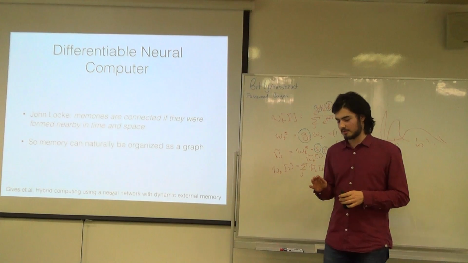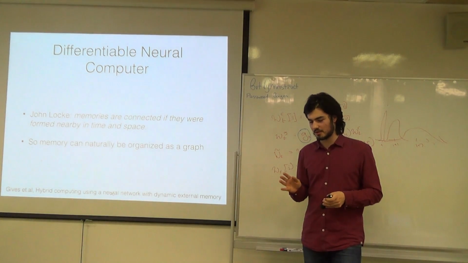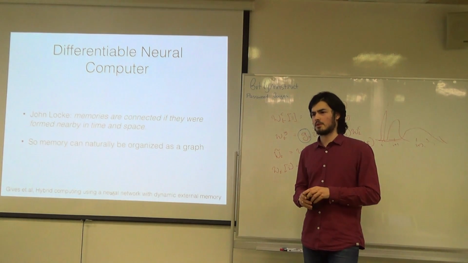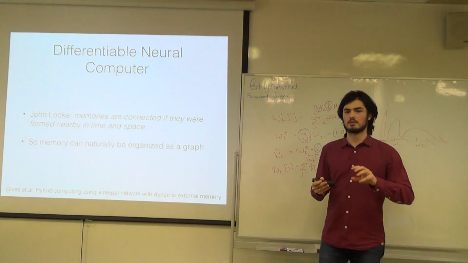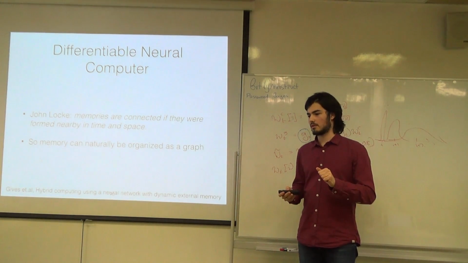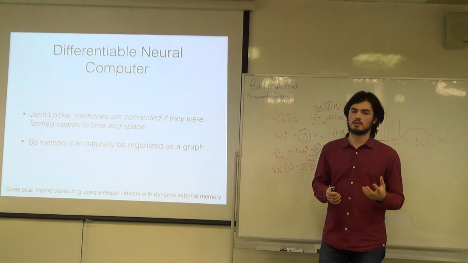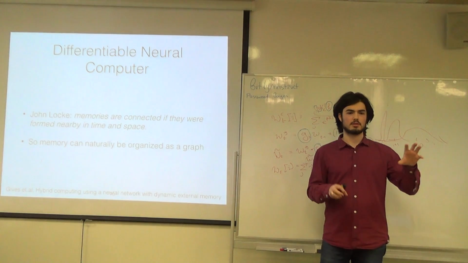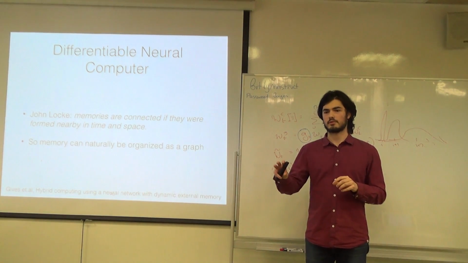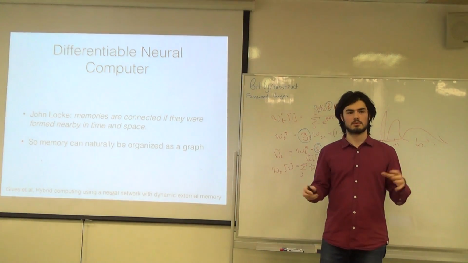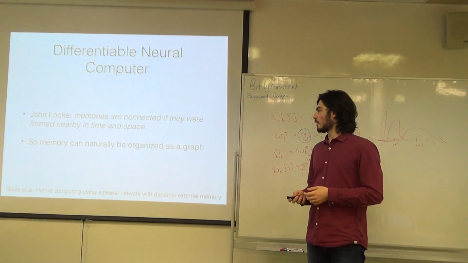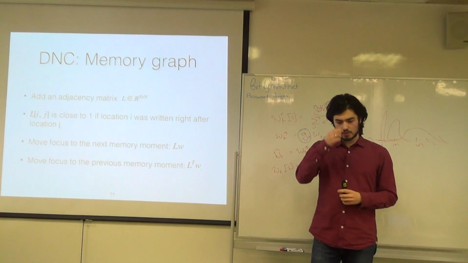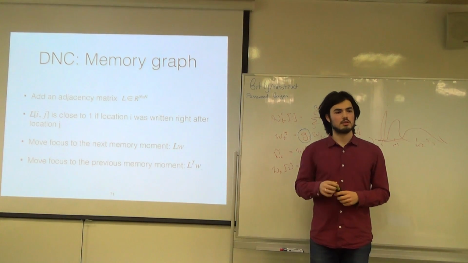Okay, so the conclusion from that picture is that we can arrange the memory as a graph. Because we now have events that are near in time, and we can provide edges from the previous events to the consecutive events. And so we'll have some sort of a graph. You mean a chain or any graph? Actually, in the perfect situation, it would be a chain.